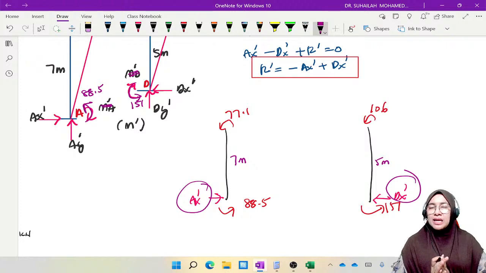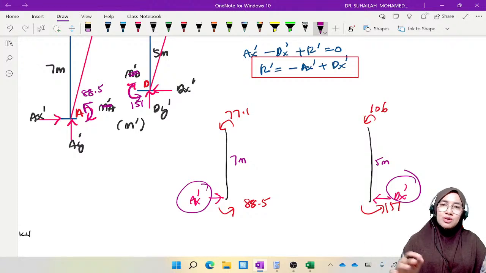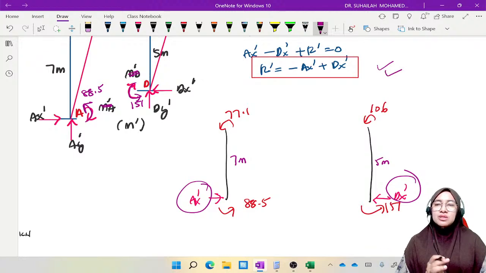We just need to calculate Ax prime and Dx prime using column analysis, and it is just simple calculation. Then we substitute Ax and Dx into this equation, then we get the R prime value.